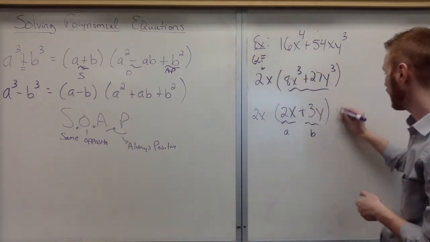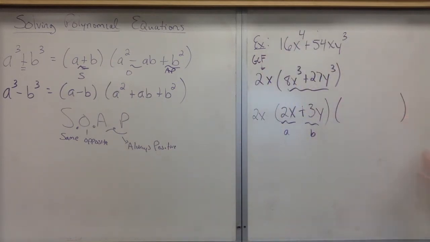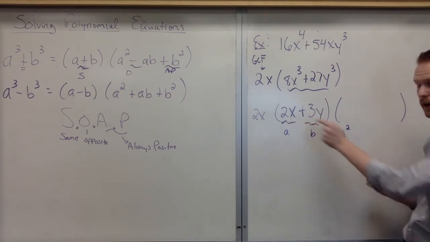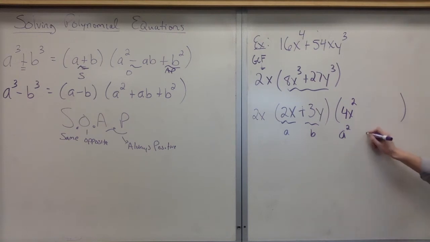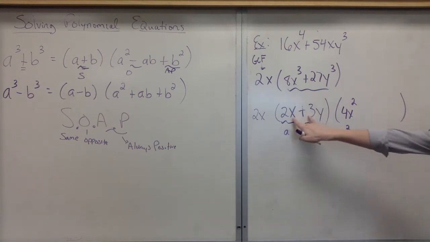Okay, now we have the longer factoring part that we have to take care of. So the first part, notice, is a squared. So 2x squared would be a 4x squared. The next part's ab, so I'm going to multiply these two together.